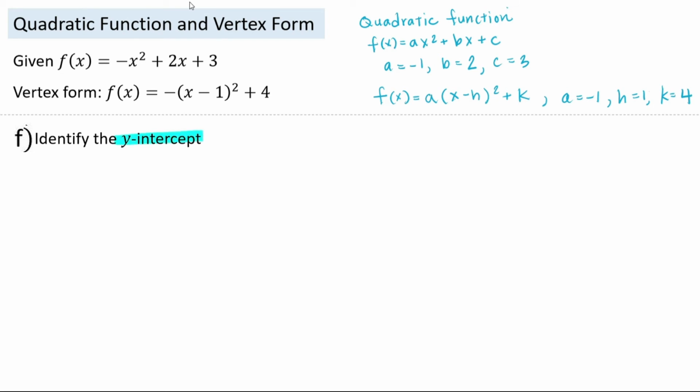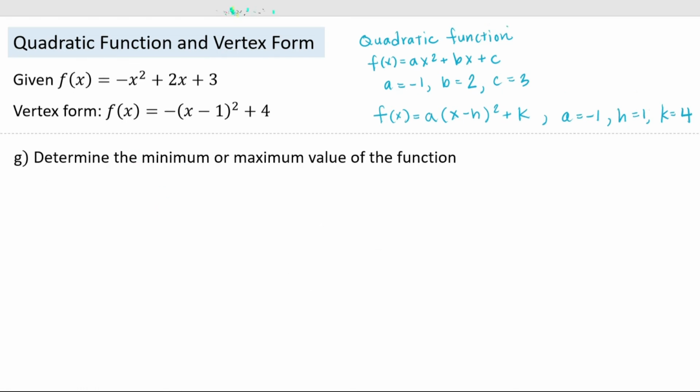At the y-intercept, the x value is equal to 0. So we want to solve y is equal to f of 0. We get -(0 minus 1) squared plus 4, which is -1 plus 4, and it is equal to 3.